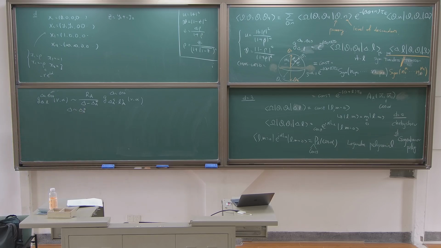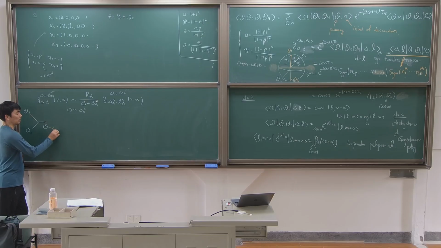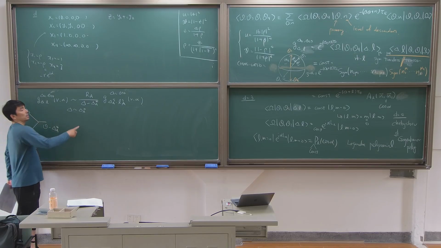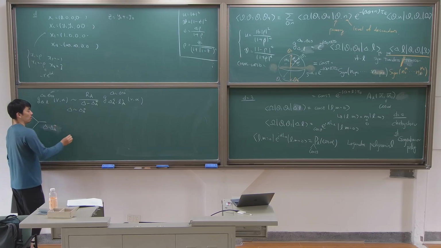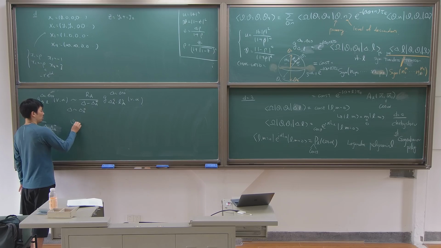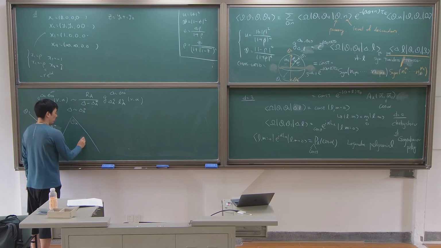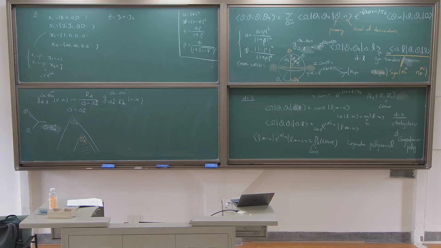So if you consider the OPE of O1 and O2, and if you have O with the conformal dimension delta A star, which has a singular vector in the conformal family, then at some point in the conformal family you encounter O_A as a singular vector, and you have to get rid of it to get a unitary theory.